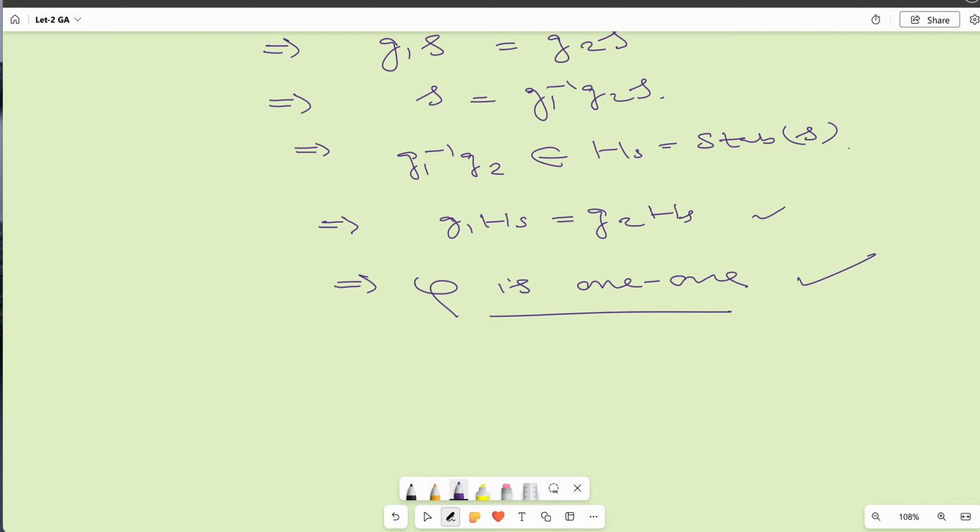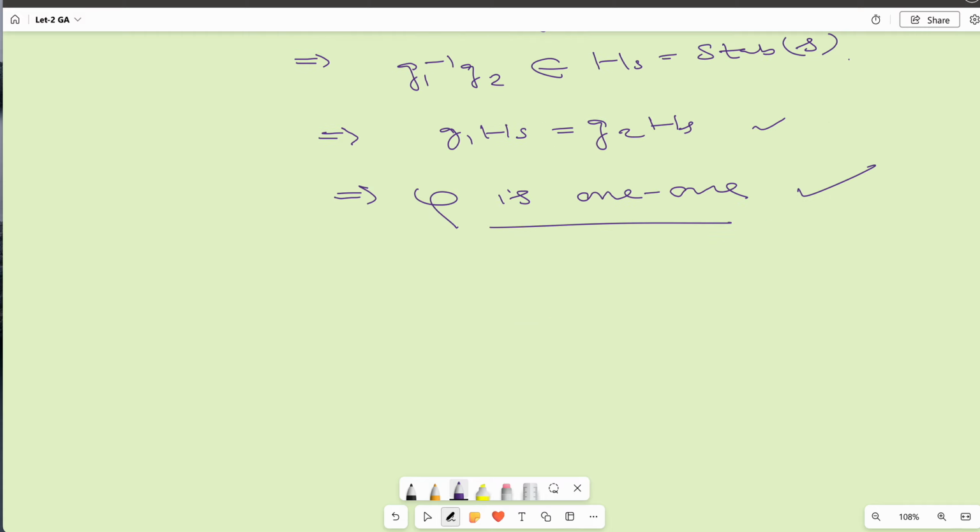Here only the ontoness is left out, whether it is going to be onto or not. Until now we have not talked about the orbit.